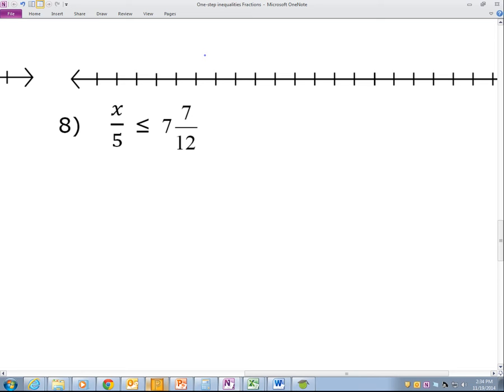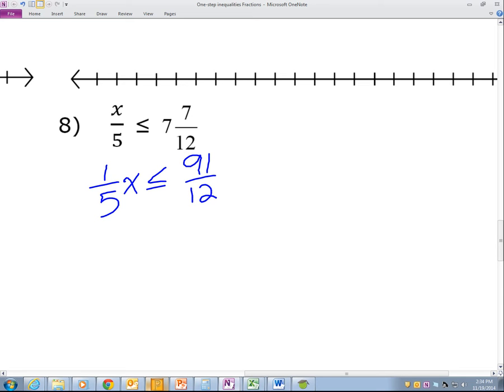This here, x over 5, is the same thing as saying 1/5 times x. X is being divided by 5, but you could also say that 1/5 x is less than or equal to 91/12. That's what that's actually saying.